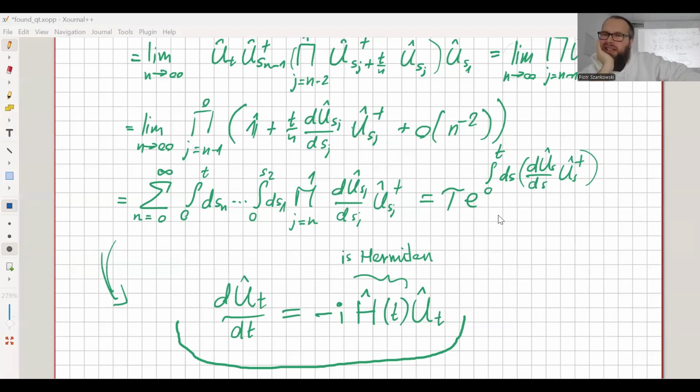That's a question about a specific two-time correlation function. So that's kind of similar to the quantum regression theorem, right? Yes, but the quantum regression theorem is not a differential equation, right? It's different.